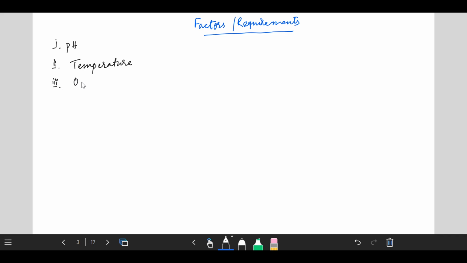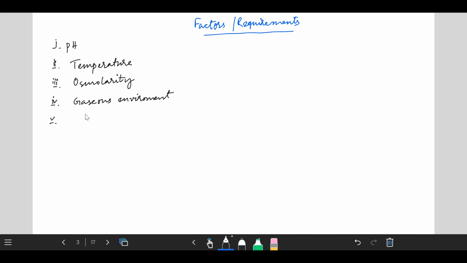Third one is osmolarity. What is osmolarity? For the salt, glucose or amino acids which are used, the concentration must be maintained. That is denoting the osmolarity. The fourth one is gaseous environment. Means the O2, CO2 which are used, we should maintain their concentration.